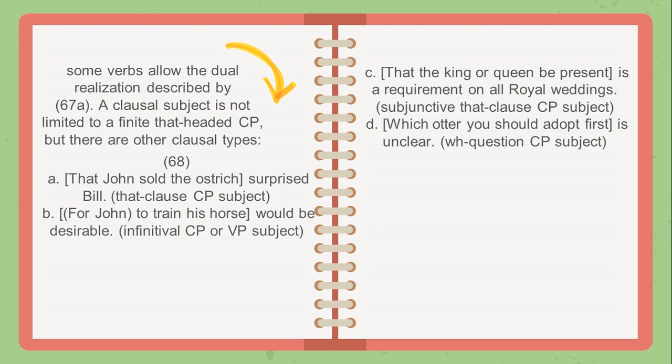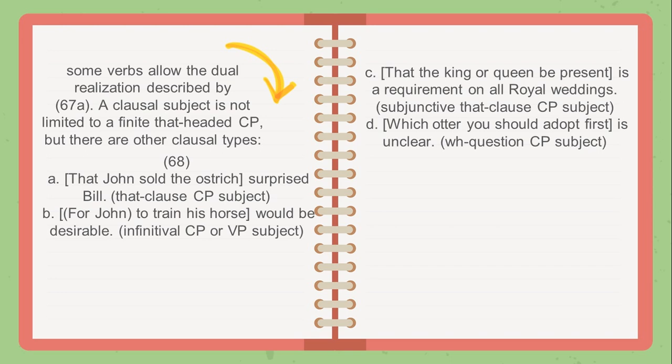B. For John to try his horse would be desirable. Infinitival CP or VP subject. C. That the king or queen be present is a requirement on all royal weddings. Subjunctive that-clause CP subject. D. Which one you should adopt first is not clear. We have a question CP subject.